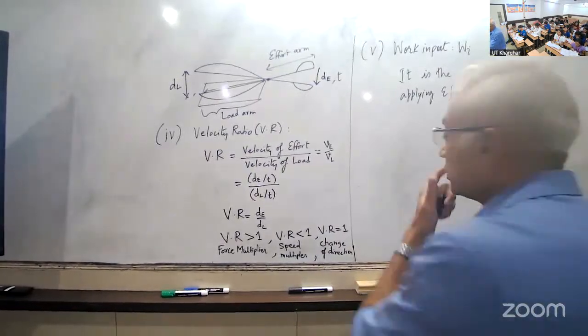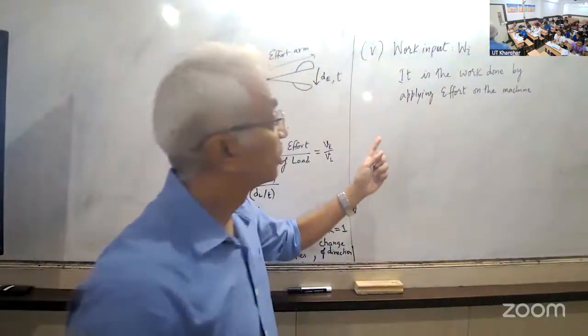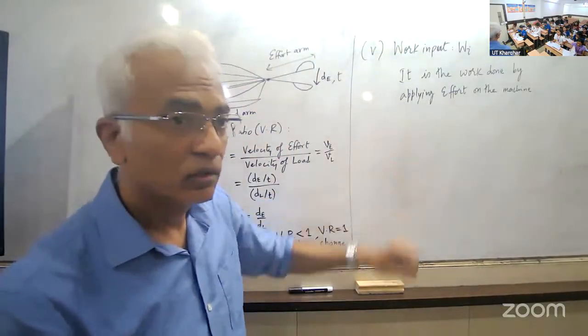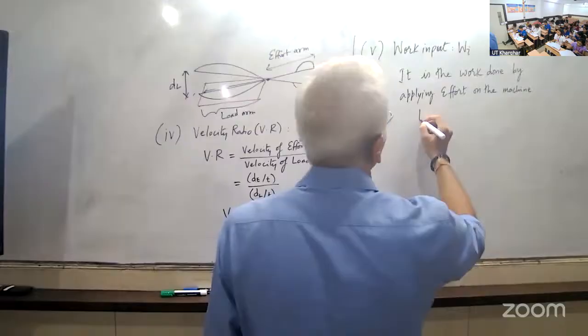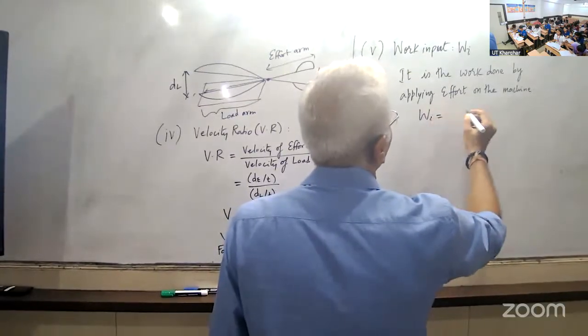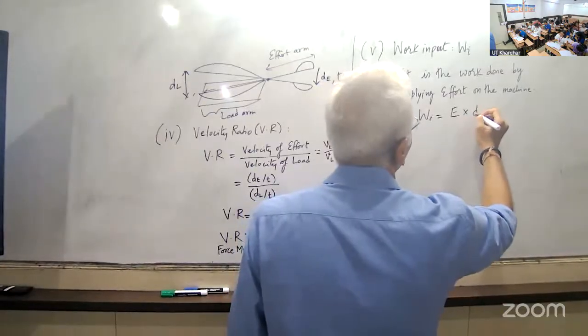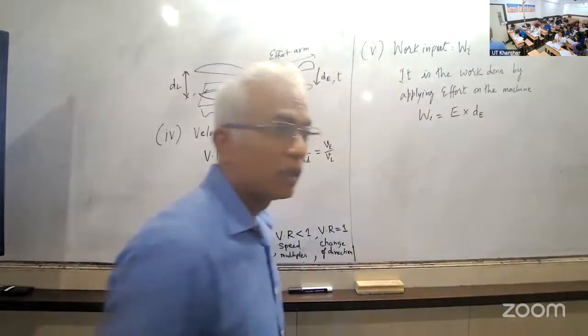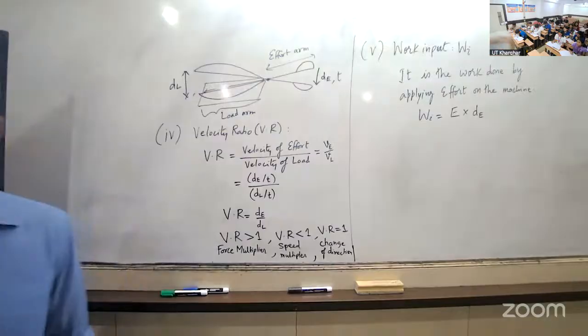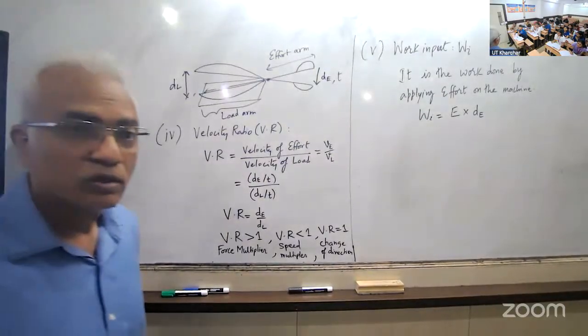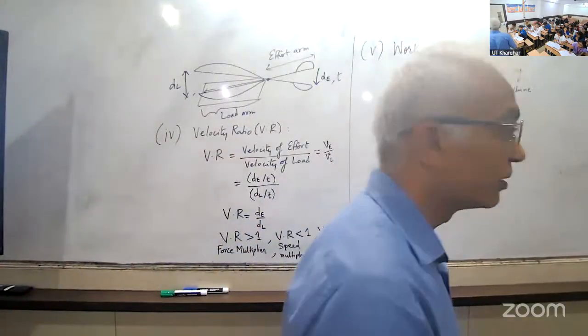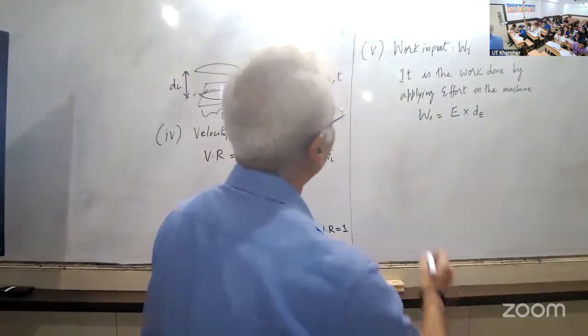Right? So it is the work done by applying effort on the machine. So what is work input? It should be effort multiplied by displacement of effort, because work is force into displacement, right? So this is the work input on the machine.